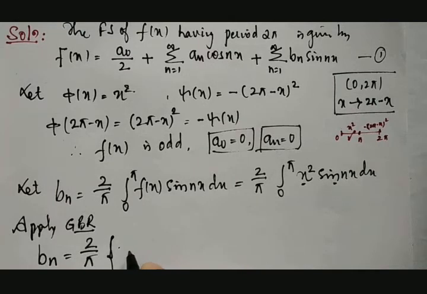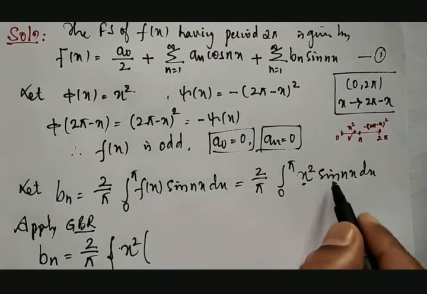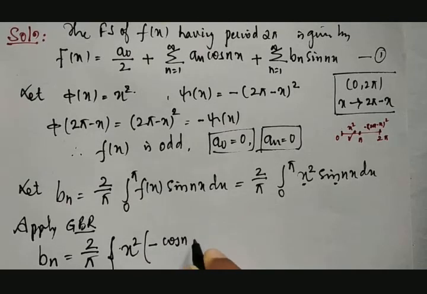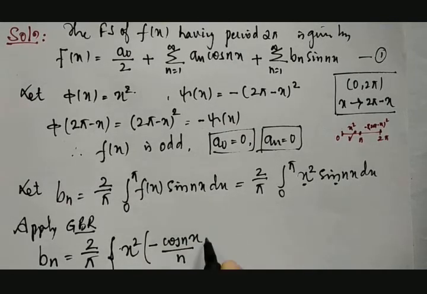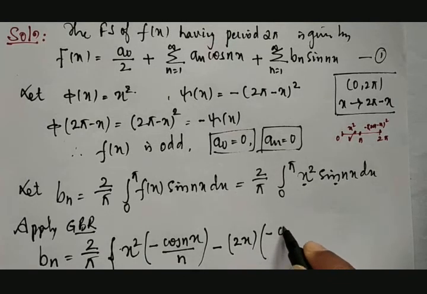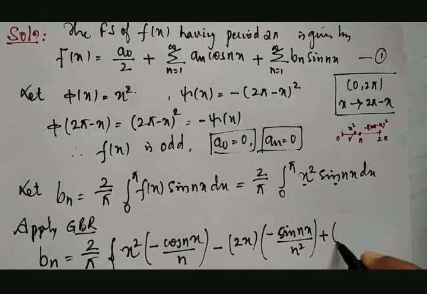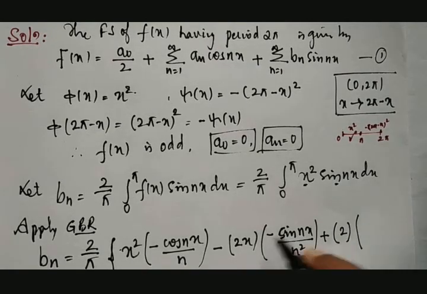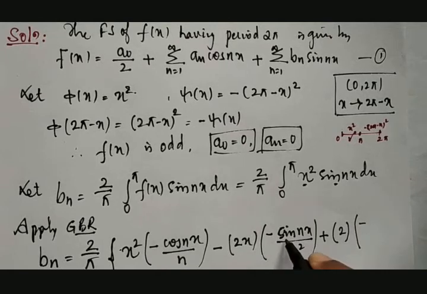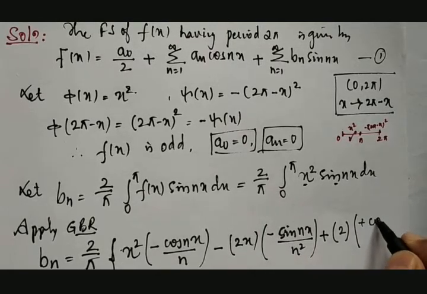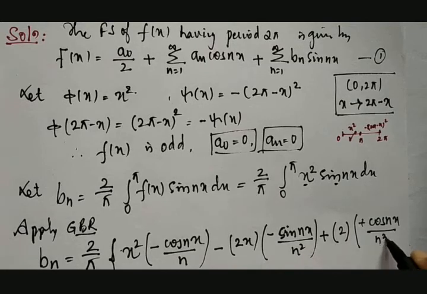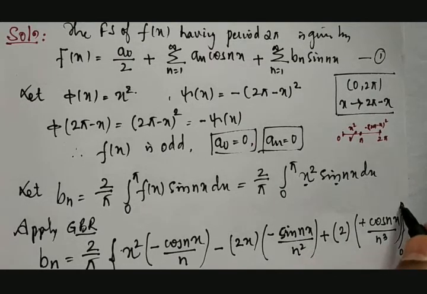So x square as the first function into integration of the second function becomes cos nx divided by n, minus differentiation of the first function is 2x, integration of the second function once again is minus sin nx divided by n into n square, plus differentiation of the first function once again will be 2, then integration of the second function, integration of sine will be minus, minus of minus plus cos nx divided by n cube between 0 to pi.